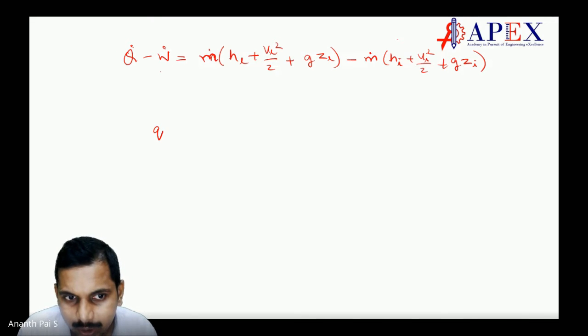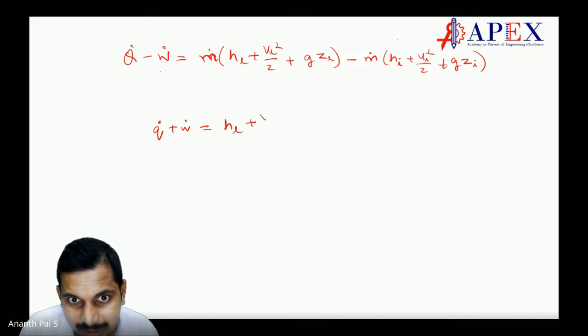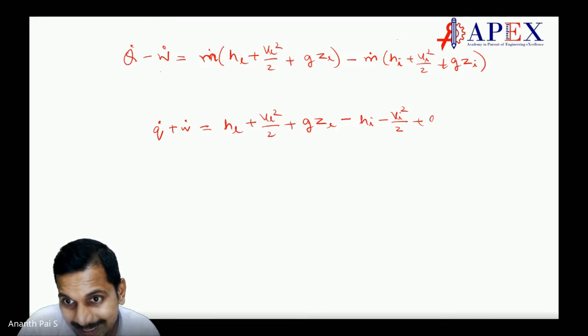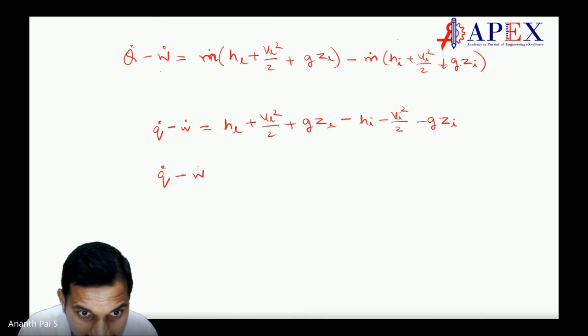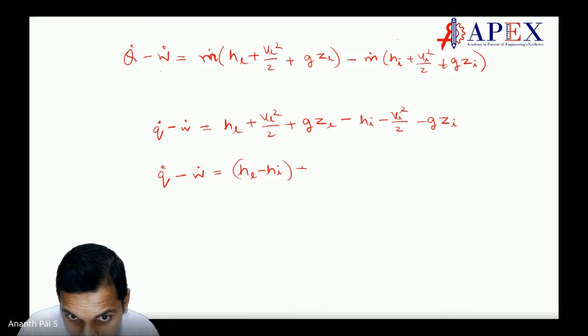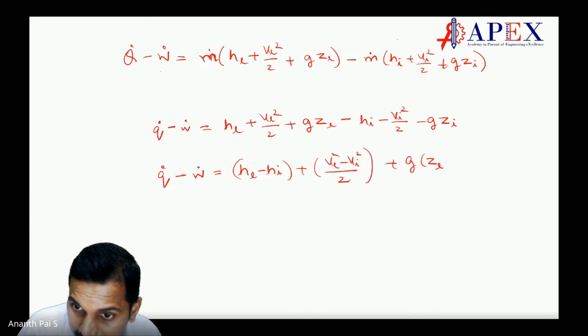I can write q dot minus w dot is equal to He minus Hi, plus Ve square minus Vi square divided by 2, plus g into ze minus zi.